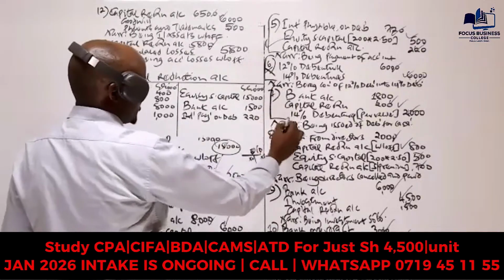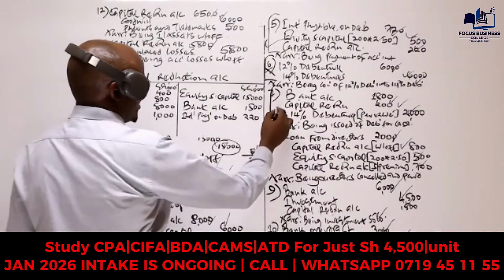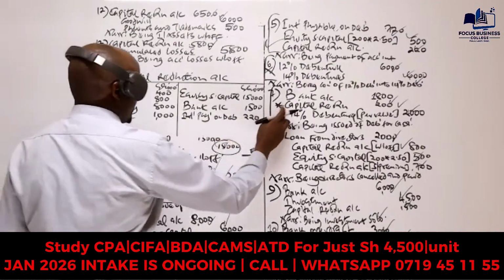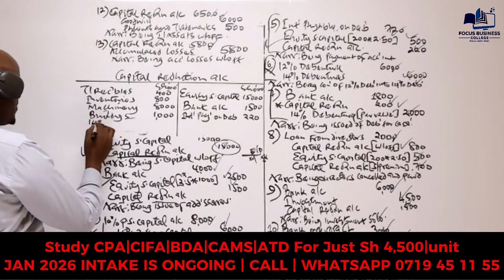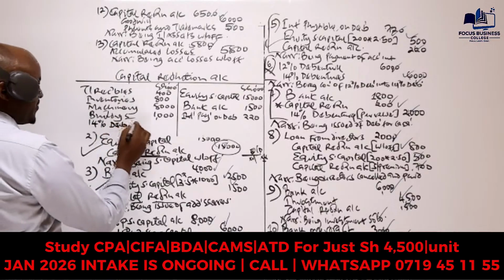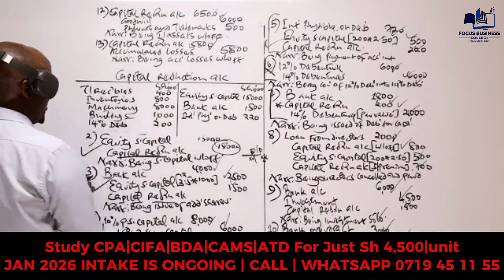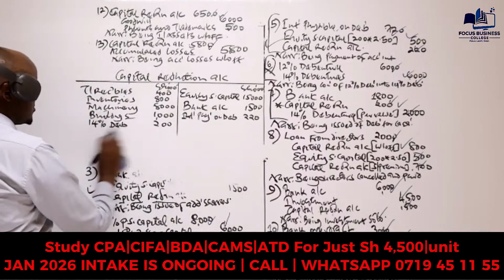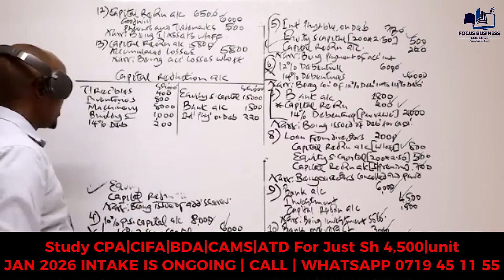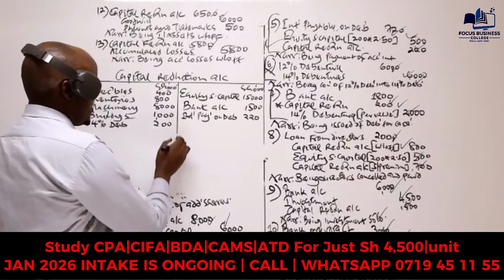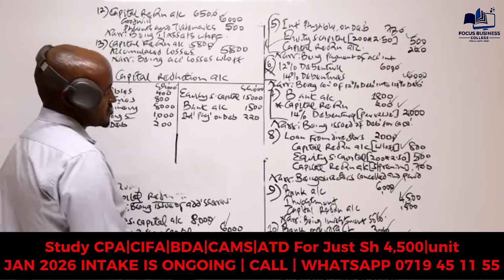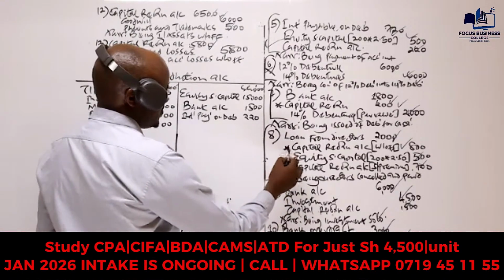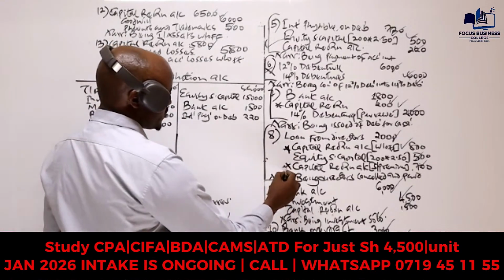Here capital reduction is to be debited. The other entry is in 14% debentures with an amount of 200. Then from there we have the other journal entry here. The capital reduction account will be credited with a total amount of.